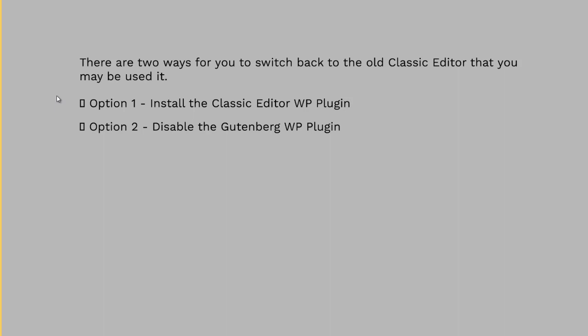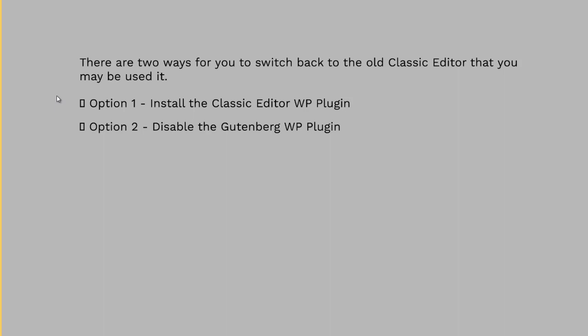But from now on, all of the WordPress updates include the Gutenberg editor built into it. So if that's the case, you will need to use option one. Option two is very obvious. If somebody installed the Gutenberg WordPress plugin, they would simply need to disable it. So what I'm going to do now is show you how to install the classic editor WordPress plugin.